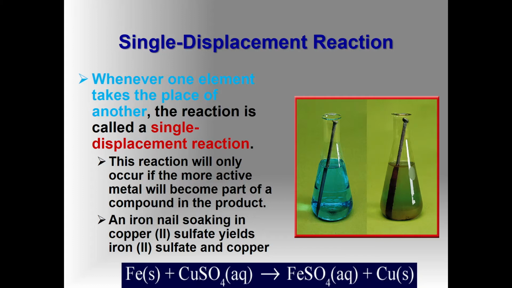So iron is more reactive than copper. So copper is happily bonded to the sulfate ion. But because iron is more reactive, it's going to come in and displace the copper and react with sulfate. Sulfate is going to more want to bond with the iron than the copper, making a precipitate of copper. Precipitate means that it comes out of solution.